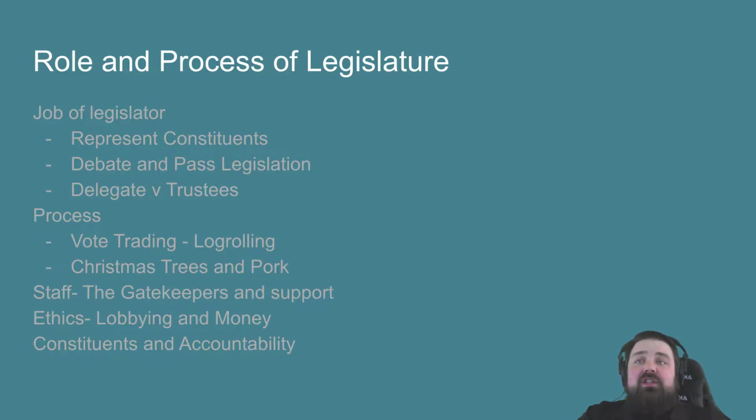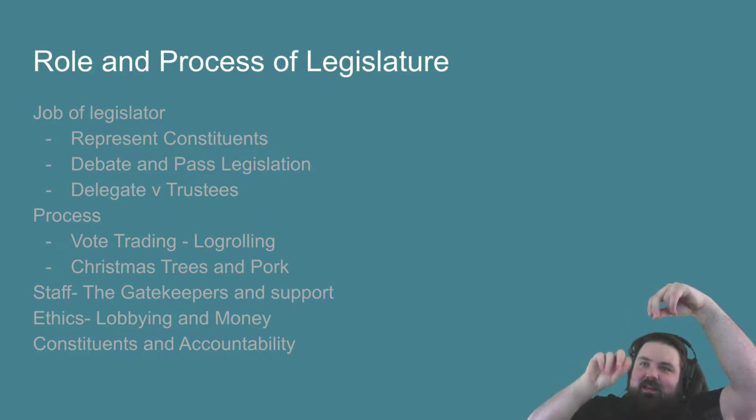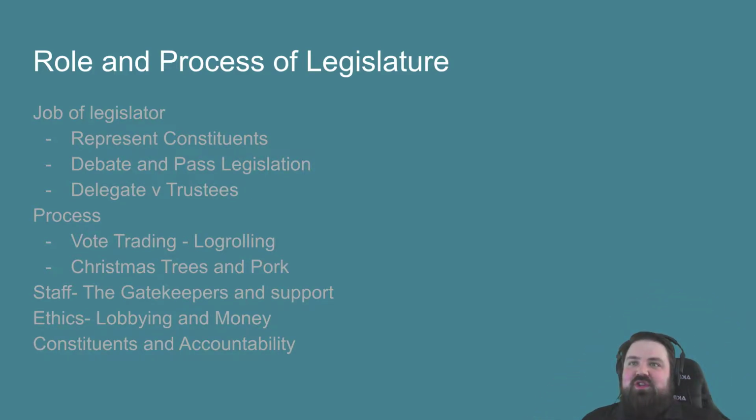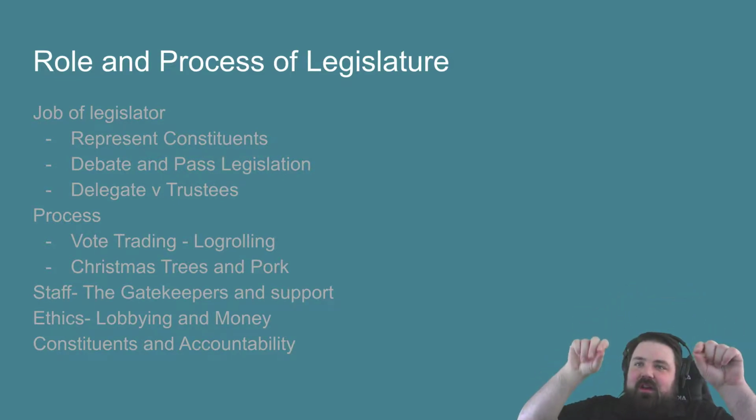But this can change the shape of legislation. It can turn something like, we appreciate the service of this one person, into a whole lot of amendments dangling off of it, like a Christmas tree. We call these Christmas tree bills, where one tiny piece of legislation has all sorts of other appropriations attached to it.